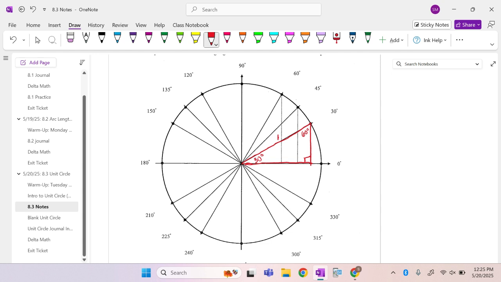Directly across from the 30-degree angle. So diagonal from the 30-degree. 1/2. So this over here is 1/2, which means the other side has to be what? So directly across from the 60-degree angle. Square root 3/2.